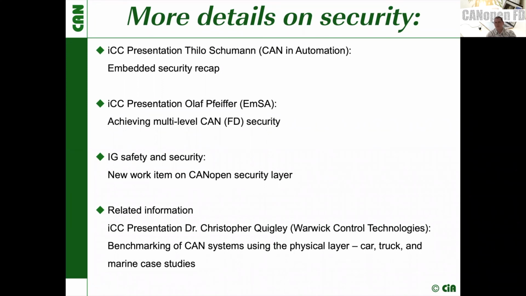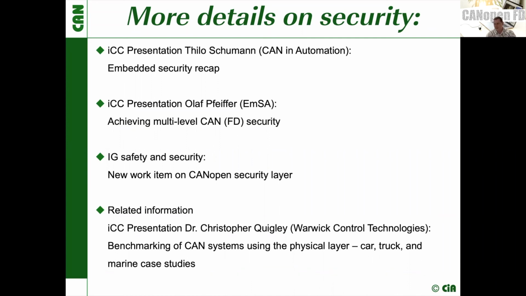And related information was given by the talk from Dr. Christopher Quigley from Warwick Control Technologies, about benchmarking of CAN systems using the physical layer, with car, truck, and marine case studies. He figured out that you can see on the physical signal, on the signal shape, whether a device is sending and which device is sending, whether a device is missing, whether another device has been inserted, or whether this data comes from an unintended device.